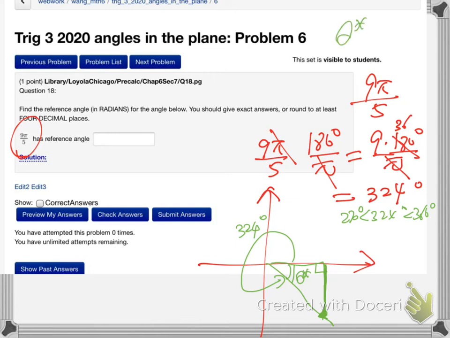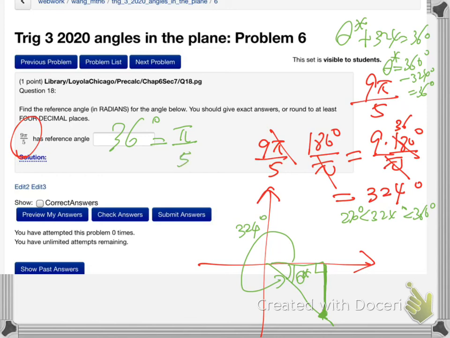So what's theta star? Theta star plus 324 is 360, so theta star is 360 minus 324 degrees, which is 36 degrees. So the reference angle is 36 degrees, and this is pi over 5.